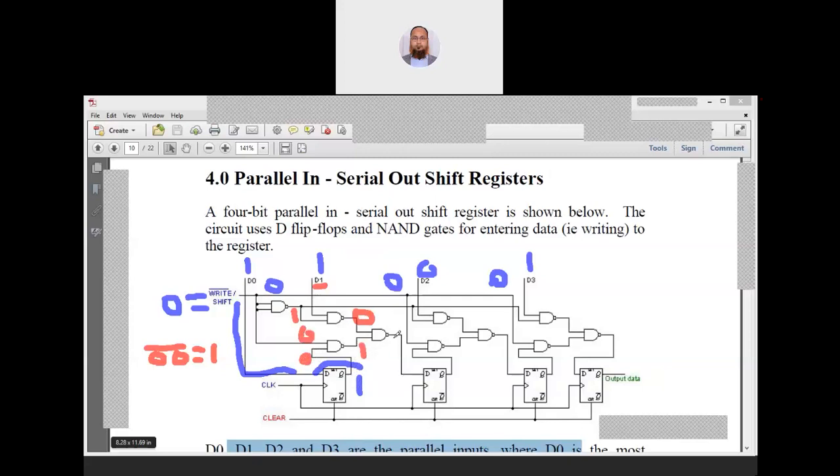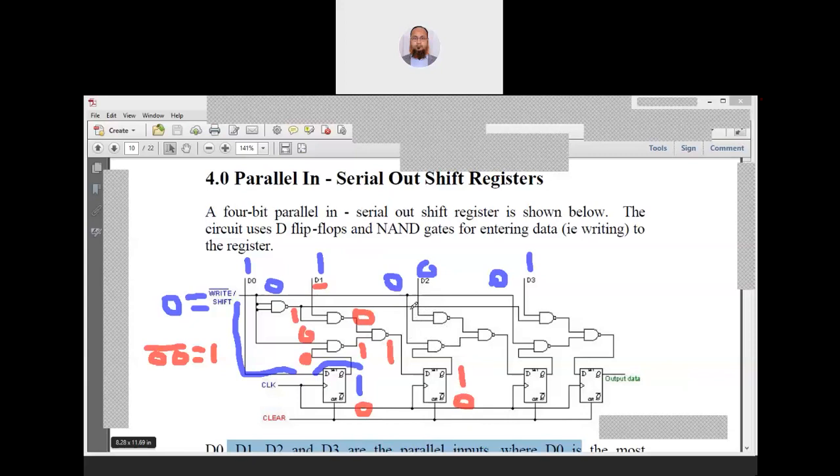So 0 and 1, the output will become 1 here. Again when the clock comes, this will flow and it will become 1. Before the clock came, this was 0 and this was also 0. At the same time, this would be evaluated.